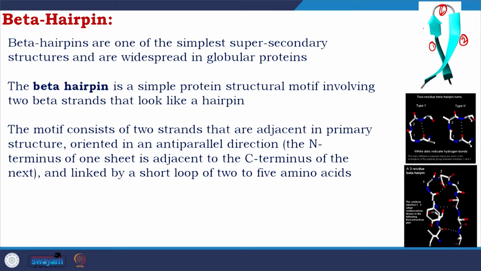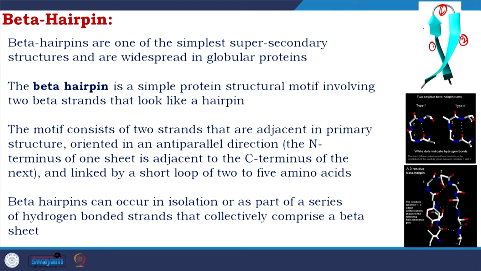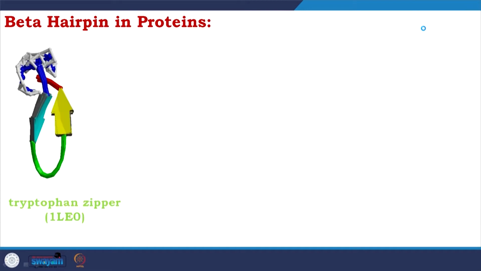So, you see 2 residue beta hairpin turn example here, 3 residue beta hairpin, these are the examples. Beta hairpins can occur in isolation or as a part of a series of hydrogen bonded strands that collectively comprise a beta sheet. Here you see in isolation, here you see it comes in a series.